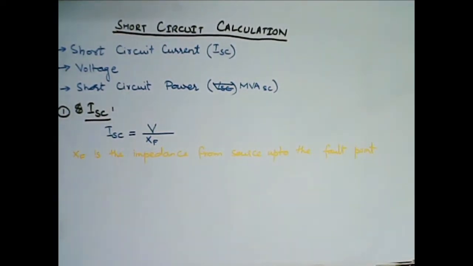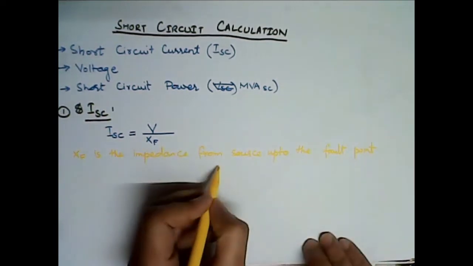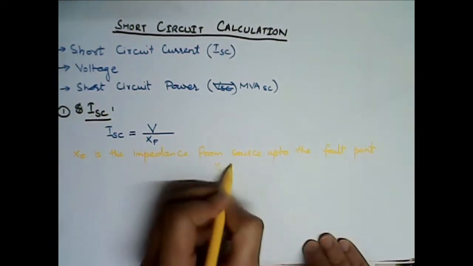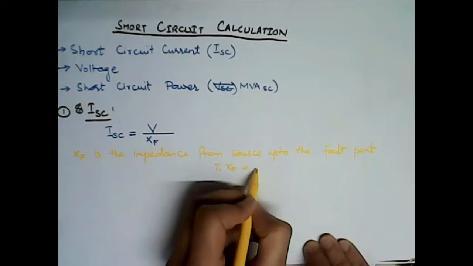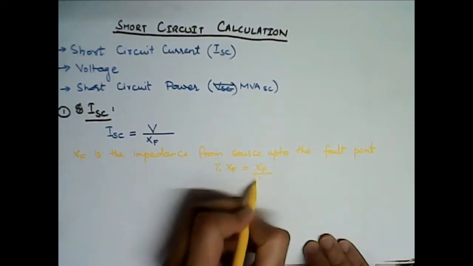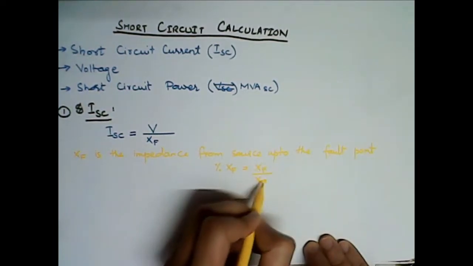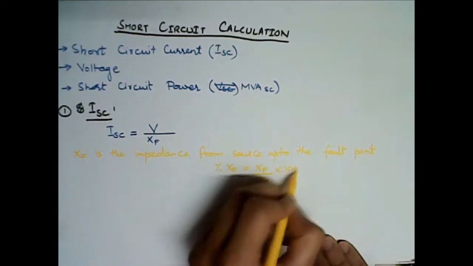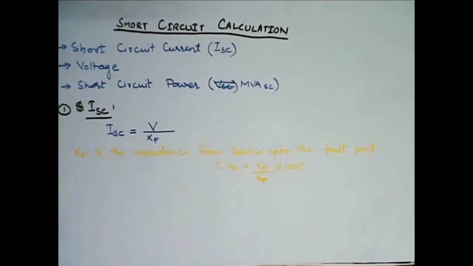Basically what we are saying is that percentage XF is equal to XF divided by XT times 100%, where XT is the total system reactance and XF is the fault reactance.